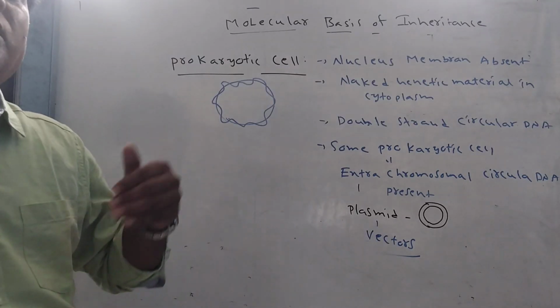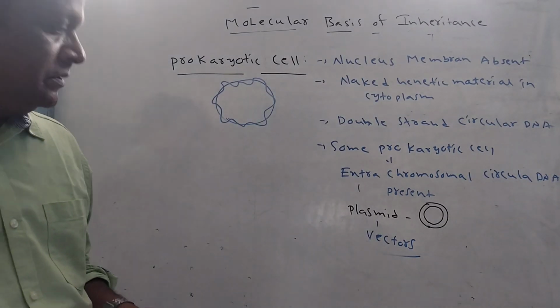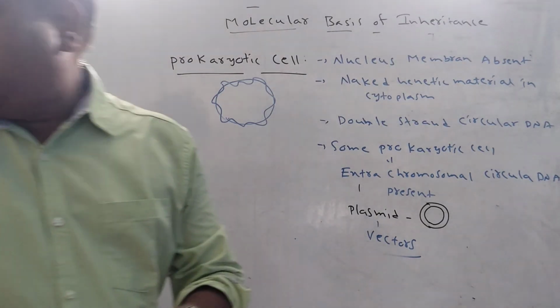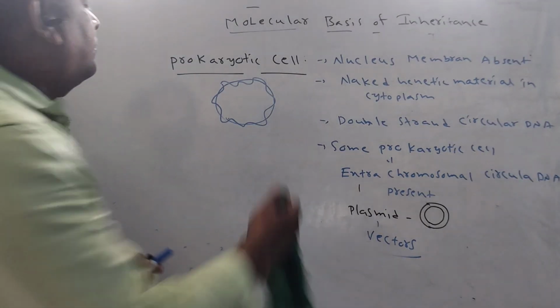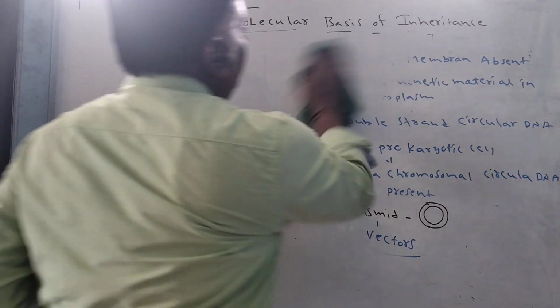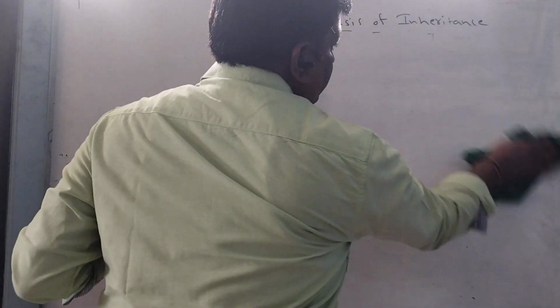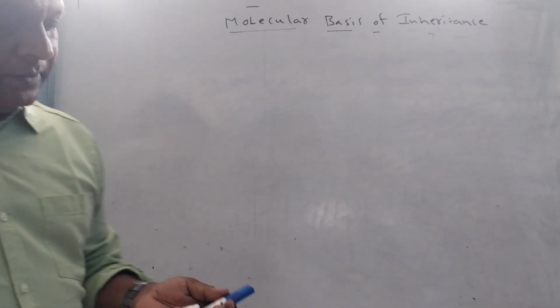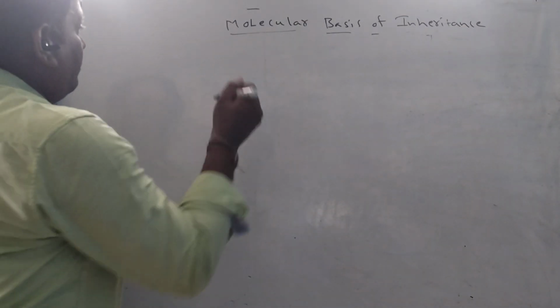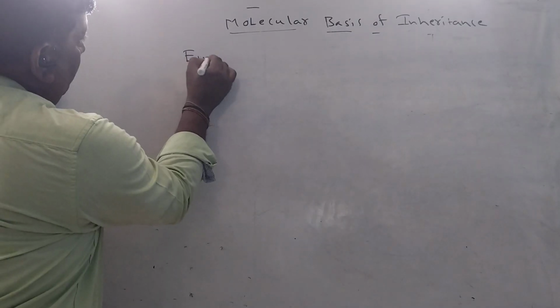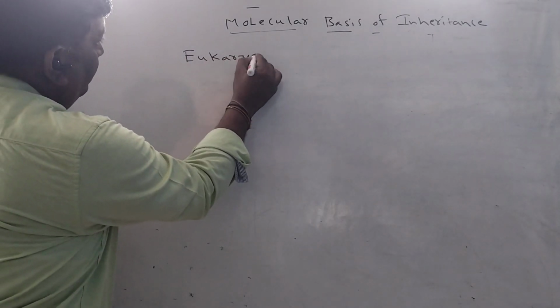Now we can see how DNA is present in the eukaryote cells. What is the meaning of a eukaryotic cell?